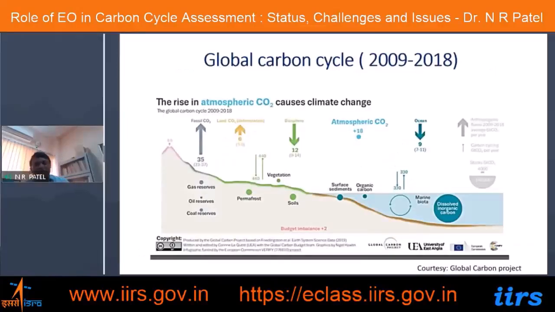Now let us understand how the global carbon cycle works. The global carbon cycle assessment is done globally. There is one project called the Global Carbon Project by East Anglia University, with Professor Per Kendall publishing as part of the carbon cycle process recap.